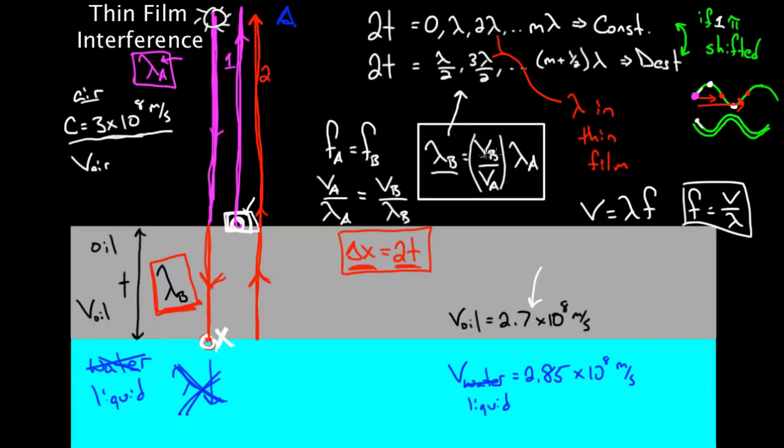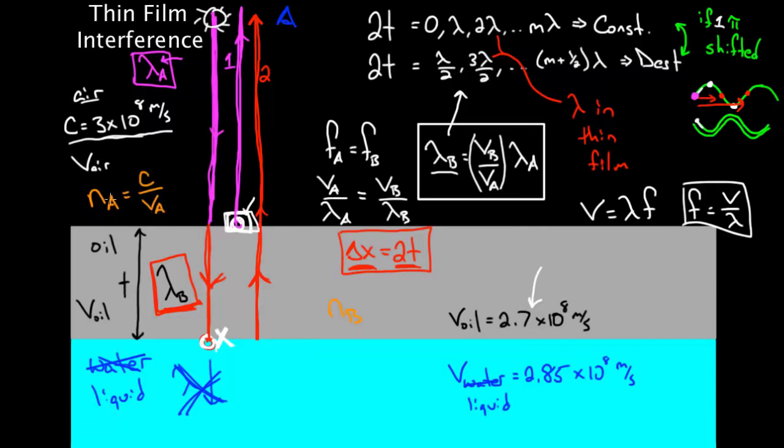What if you're not given the speed? Sometimes they give you the index of refraction. Well, if they gave you the N in region A and the N in region B instead of the speeds, remember, index of refraction is defined to be the speed of light in a vacuum divided by the speed of light in that material.